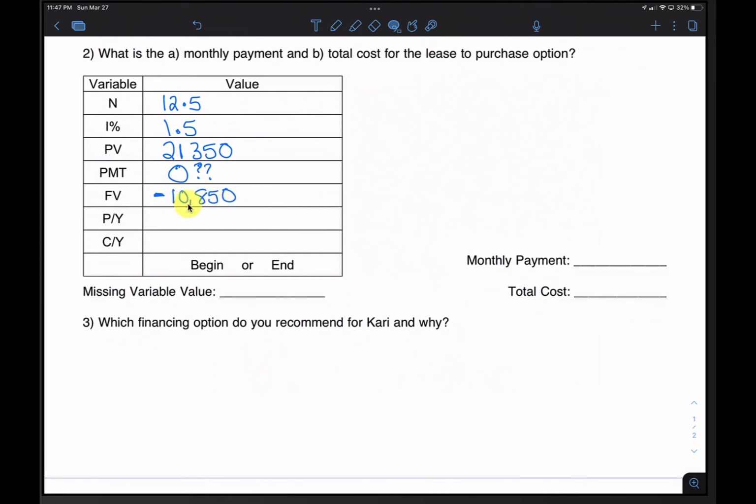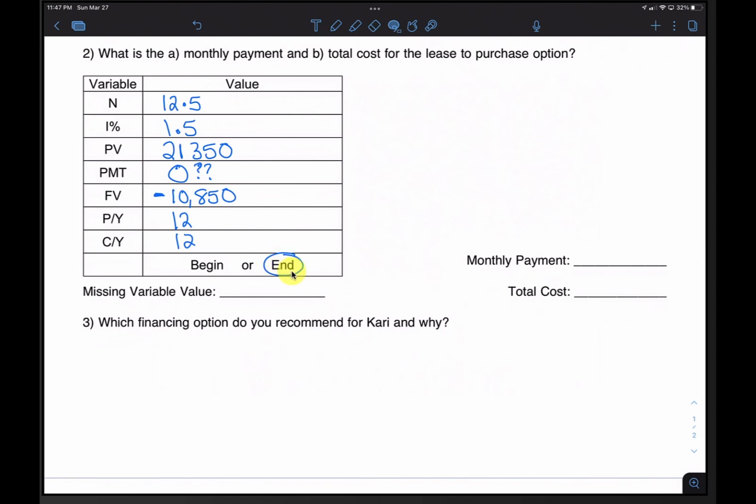That is how much the car is worth at the end of the 5 years. It's negative because you are losing the car, which means you are also losing the potential to sell the car for this amount of money. So in effect, you're losing that money by turning in the car. That's why that is negative. And both PY and CY are 12 because it is monthly. And we want your calculator to be set at end.